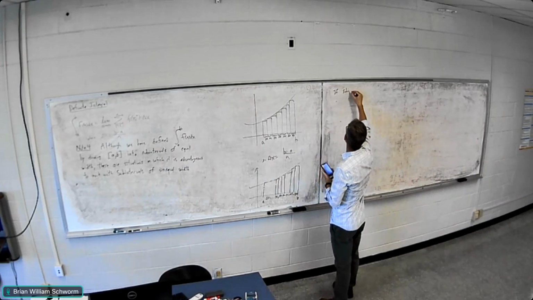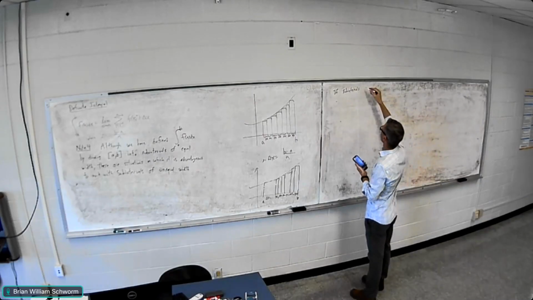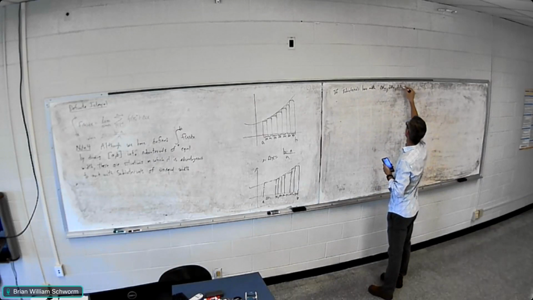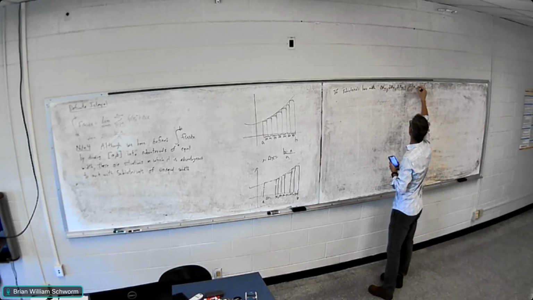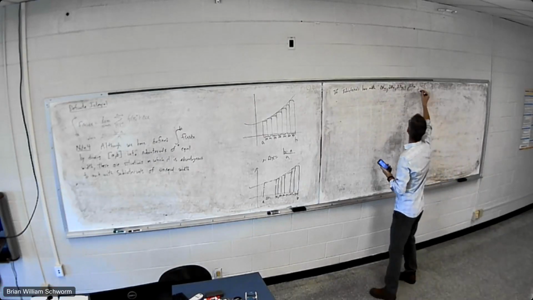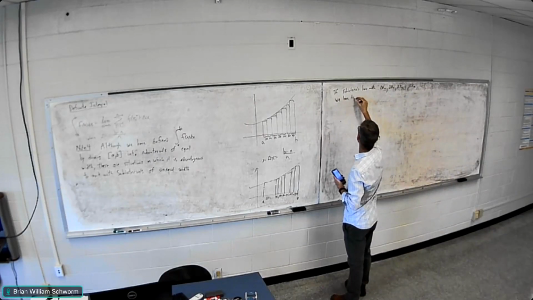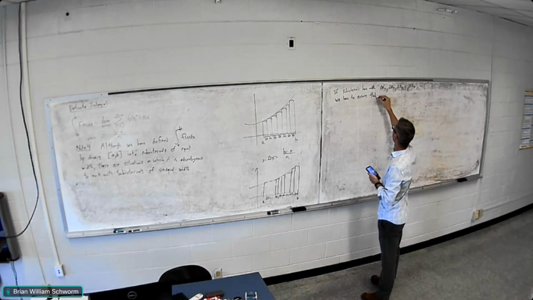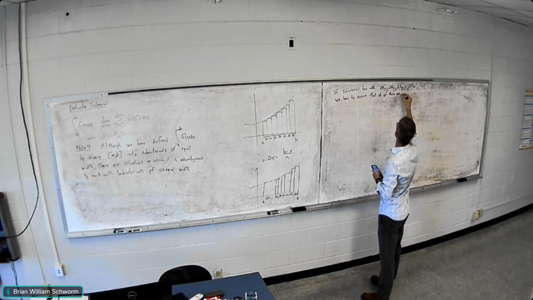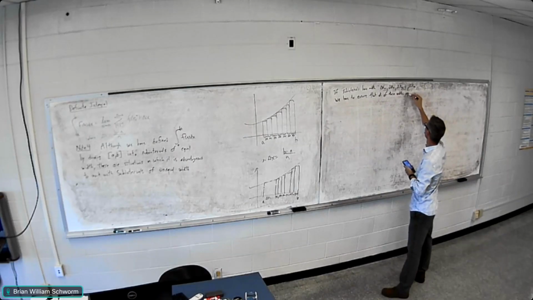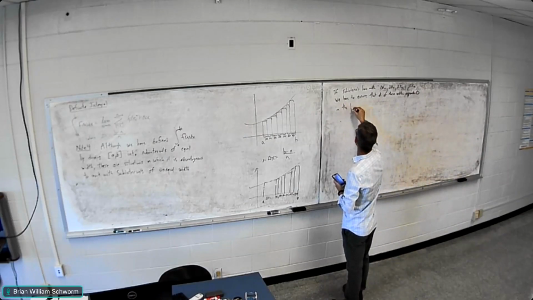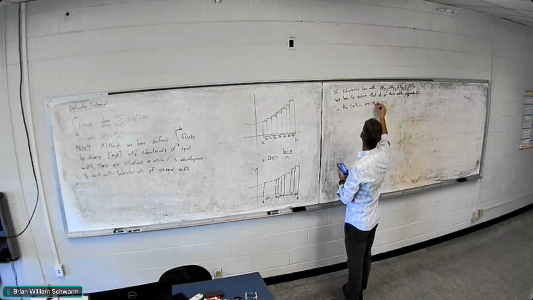If subintervals have width delta x1, delta x2, delta x3, and so on, the last one delta x sub n, we have to ensure that all of these widths approach 0 in the limiting process.